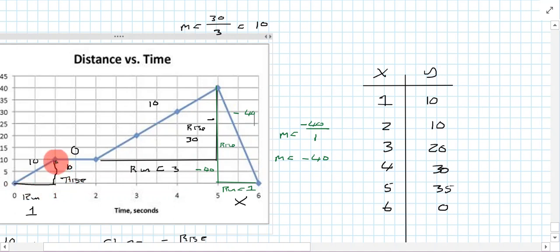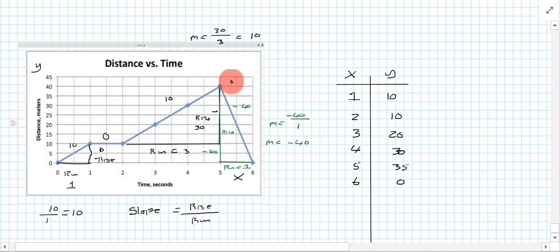And again, if we have a horizontal line like this, it's going to have 0 slope. There's no rise or run. And the same here, we can see that this line and this line have the same rate of change or the same slope. So hopefully that makes sense. And this is basically how you can use a graph to identify and read off the slope.